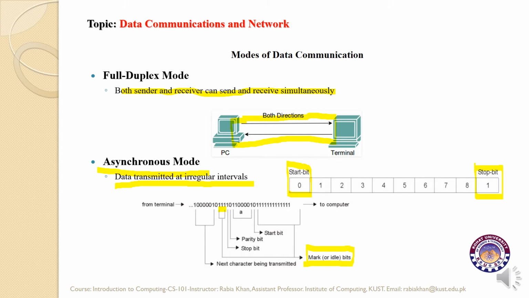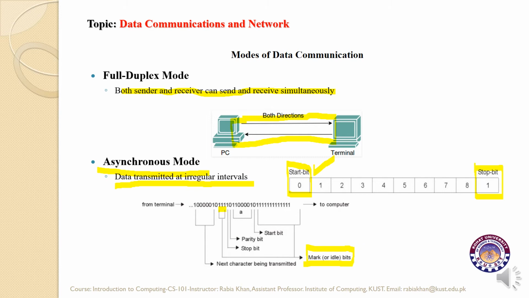Mark is actually a binary one or sequence of ones that is sent during the period of inactivity. When this mark state is interrupted by a binary 0, that means the start bit, the character is now being sent, also known as a positive voltage. Then the receiving system knows that data characters are now going to flow.